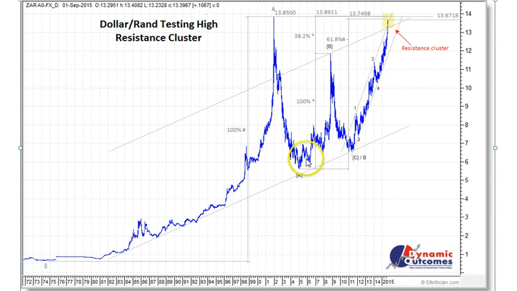And then, if we take this wave B here and we take 38.2% of that wave and extend it, we get a figure of 1389.11. Now there are various other Fibonacci projections that we can make.